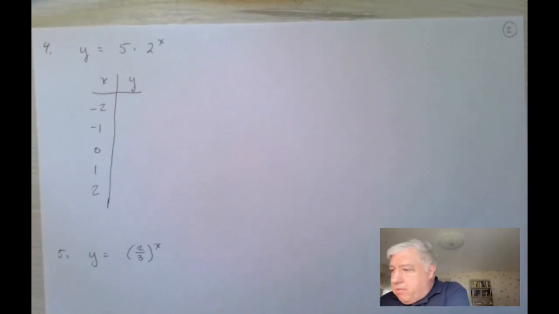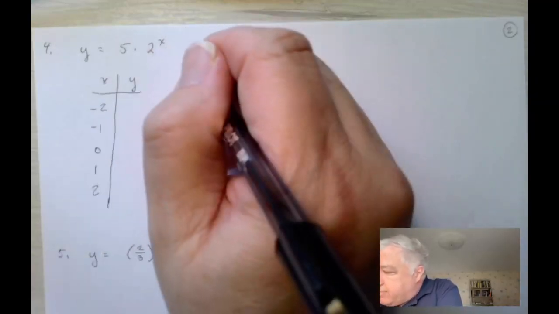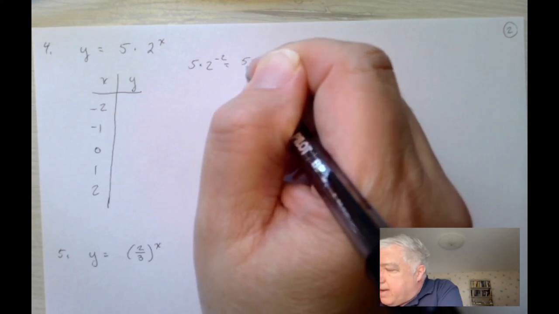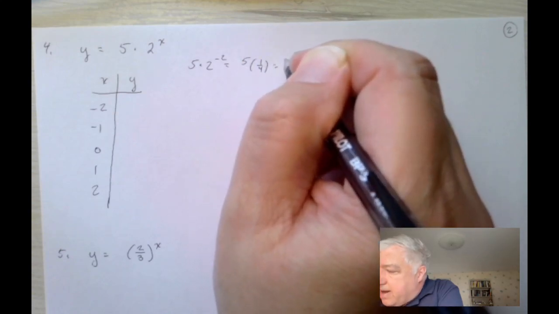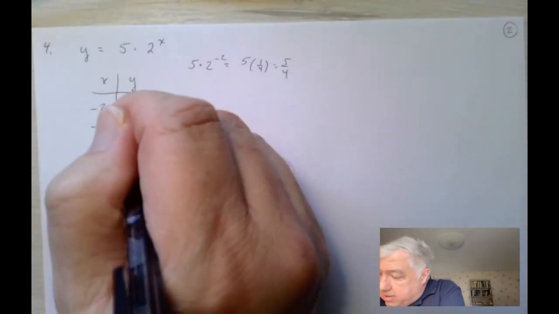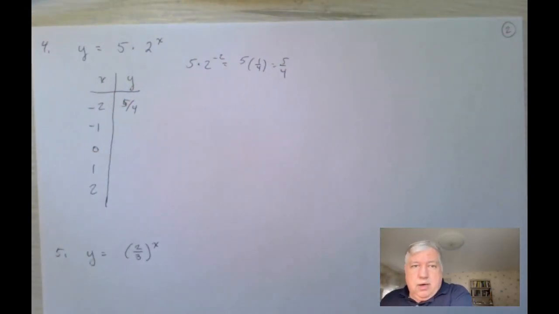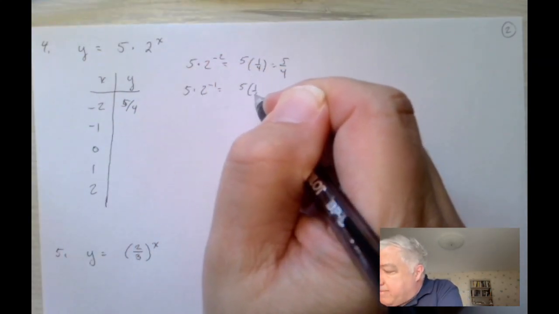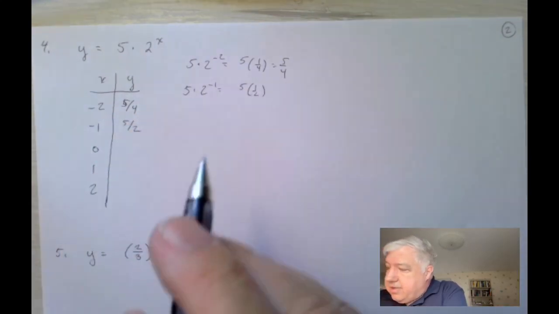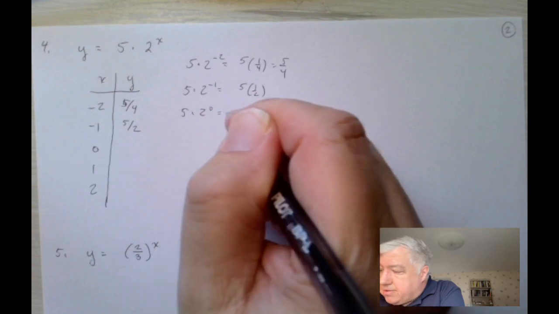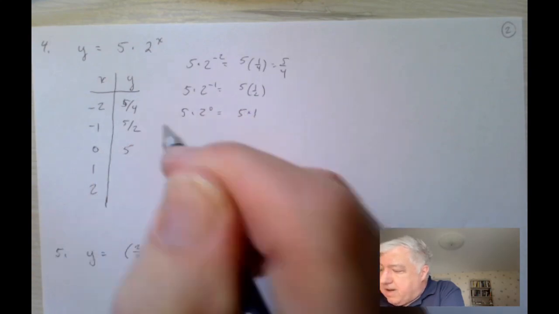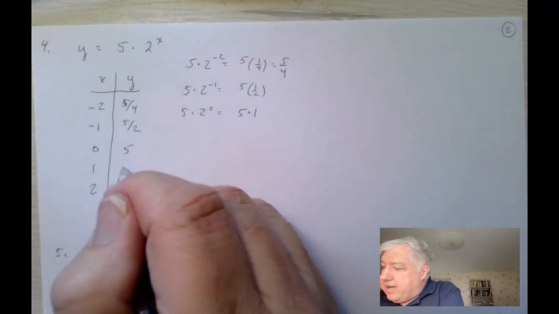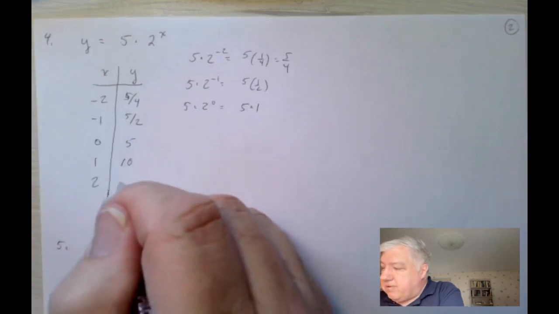When x equals negative 2, 5 times 2 to the minus 2 is going to be 5 times 1/4, which is 5/4. 5 times 2 to the minus 1 will be 5 times 1/2, so this will be 5/2. 5 times 2 to the 0 is going to be 5 times 1, which is just 5. Then you can check that the next ones will be 5 times 2, that's 10, and 5 times 4, that's 20.